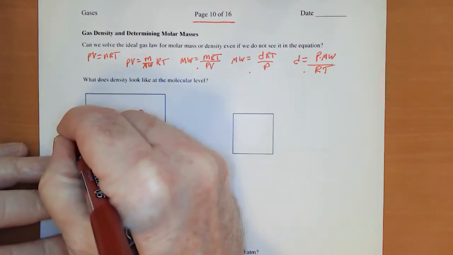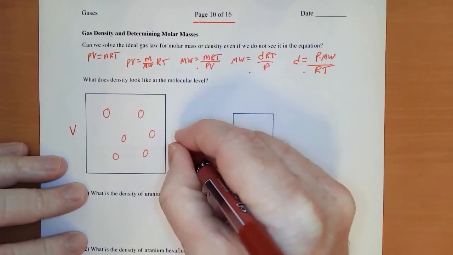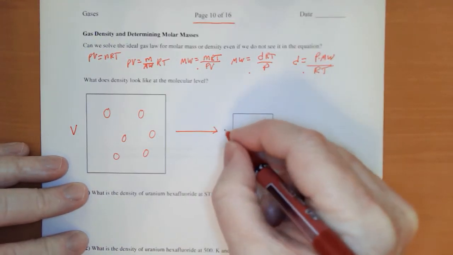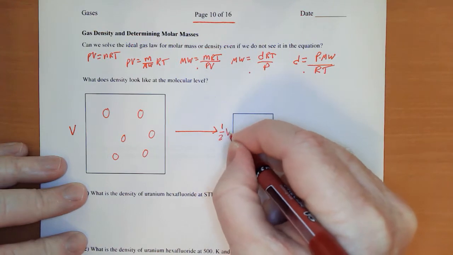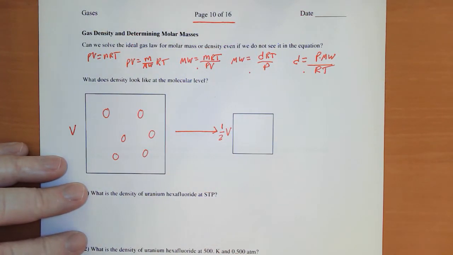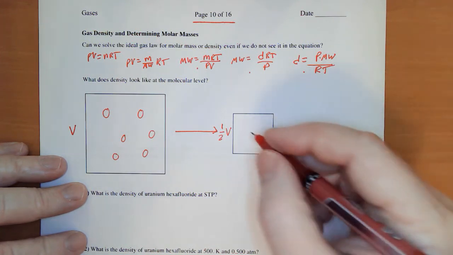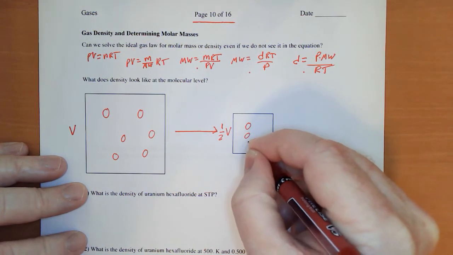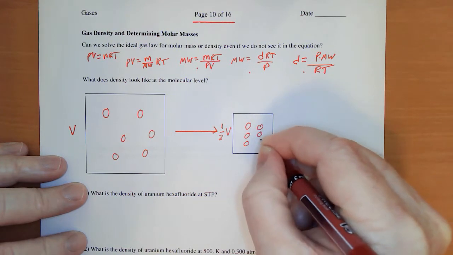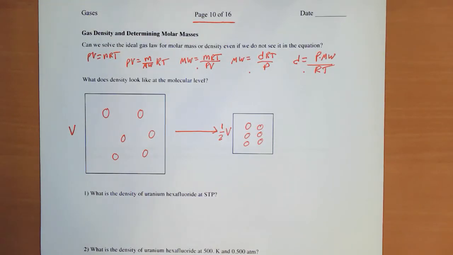Let's say this container has a volume of V. So, what if I make the volume 1/2 of what it was, but I don't change the number of particles that are in there? I now have the same number of particles over a much smaller volume, which is indicating that it is going to be denser or more tightly packed.